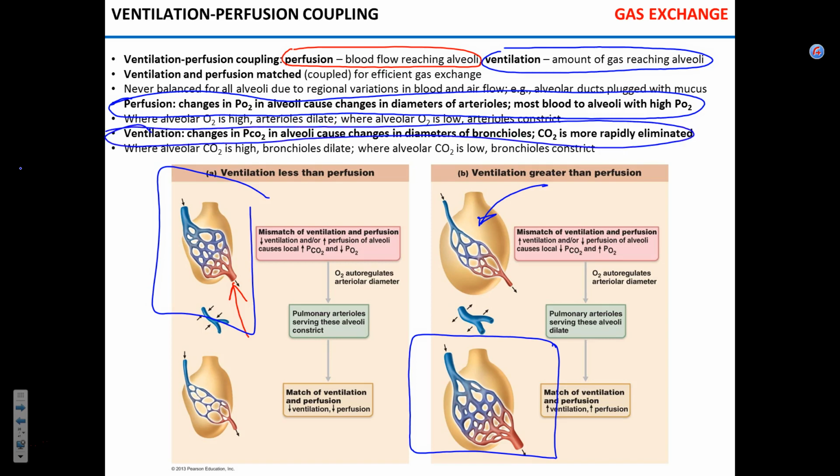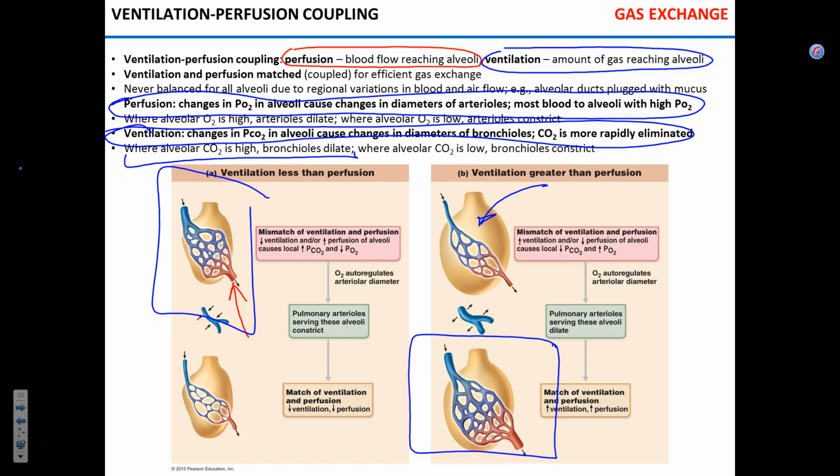Ventilation regulates the diameter of bronchioles. Now, what is the function of the lungs in terms of CO2? What do lungs do with CO2? Expel it. So, if you have an alveolus with a bigger concentration of CO2, you following me?